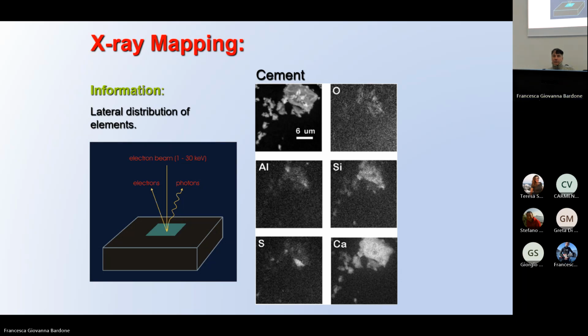So if this image just gives you qualitative data, what you get from this different distribution here: I may say the oxygen is more or less spread all over the cement.